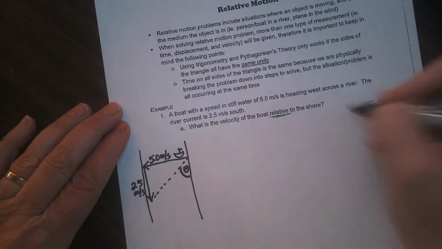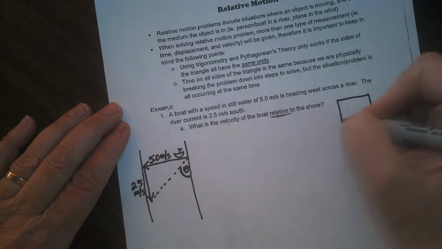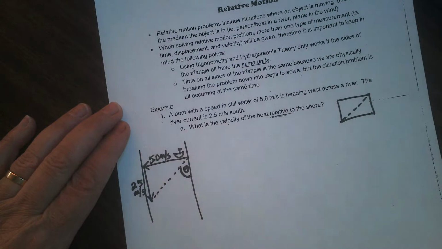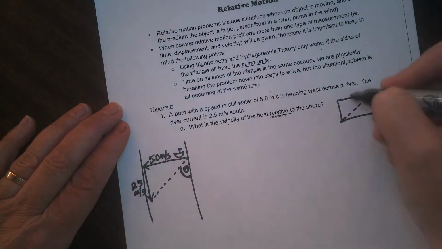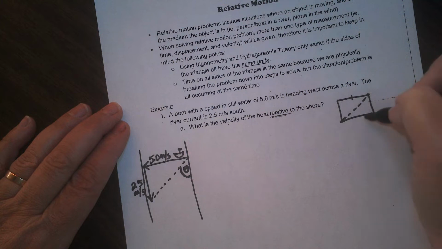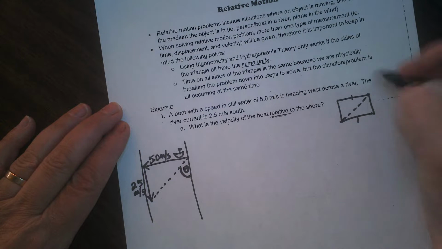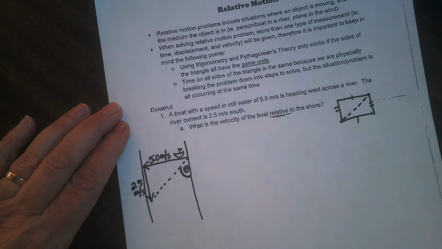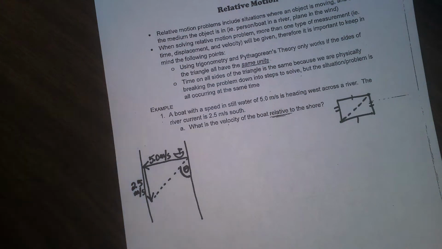When we draw a rectangle and we split it like this, what do we know about this side and this side? They're equal. What do we know about this side and this side? They're equal. Okay? Just keep those pieces in your brain.